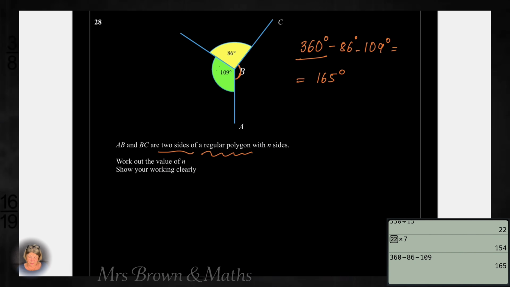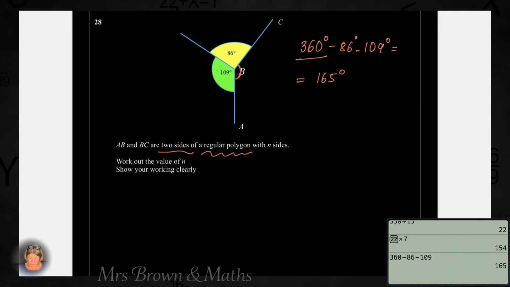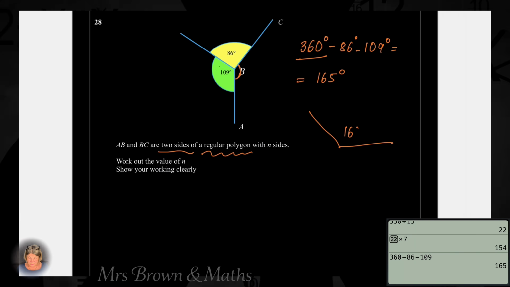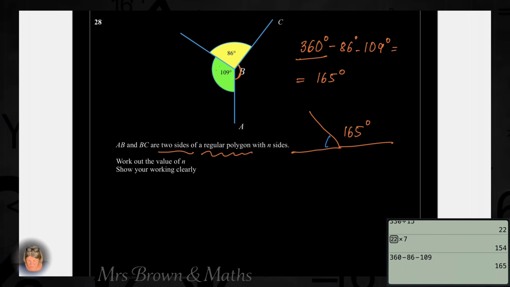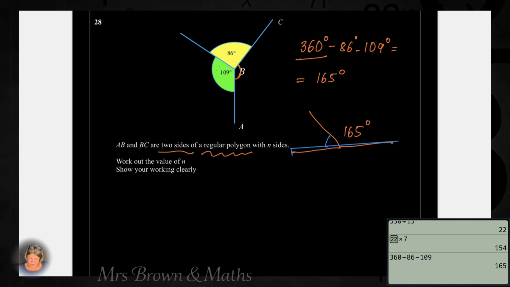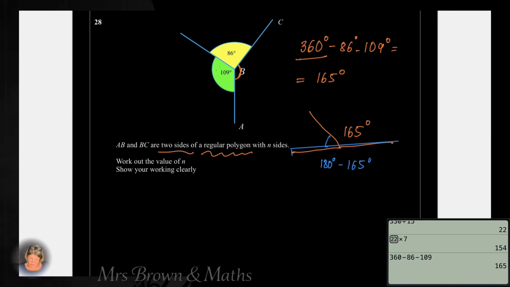Right, so what do we know about regular polygons? So if we have an internal angle of 165, the external angle will be 180, take away 165, which is 15 degrees.